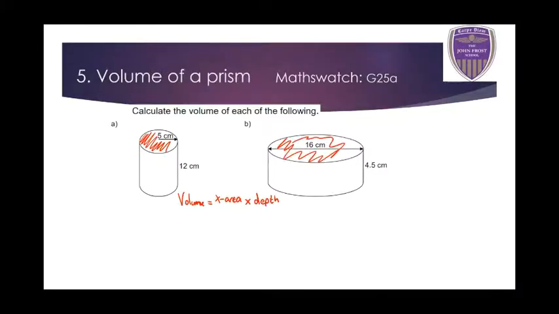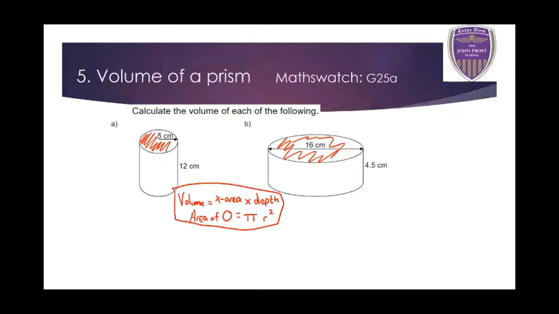So we have to remember the formula for the area of a circle. Okay, and the formula for the area of a circle is equal to pi r squared. Okay, so we're going to be using both of these formulas to answer these two questions.